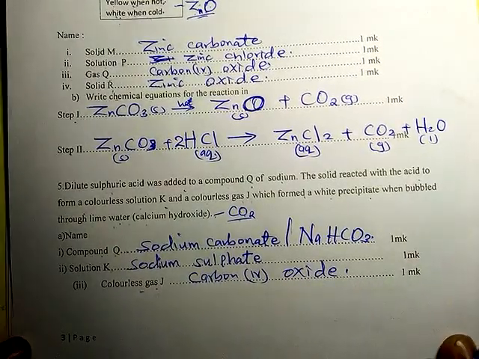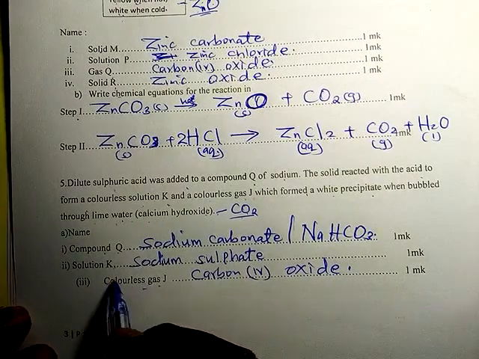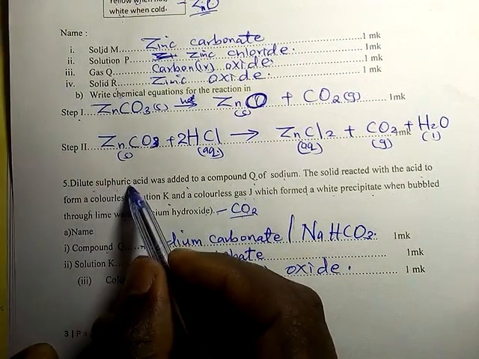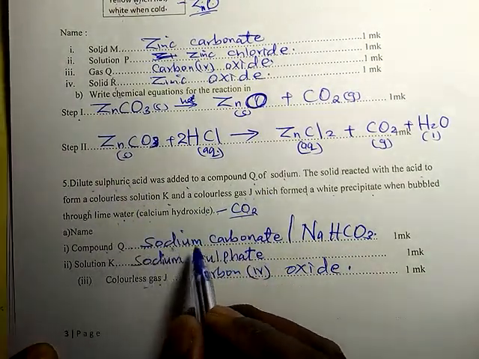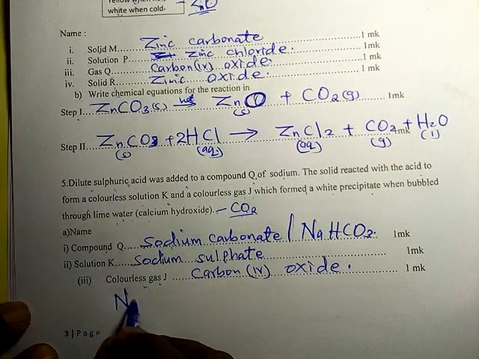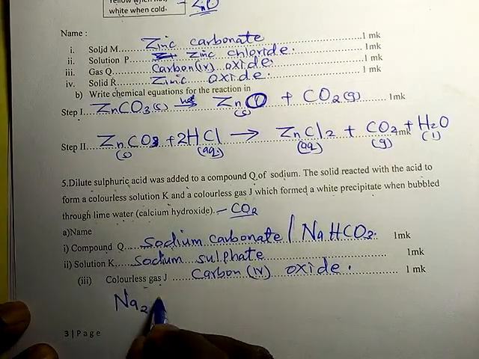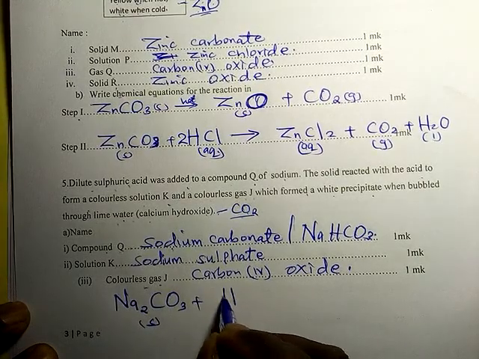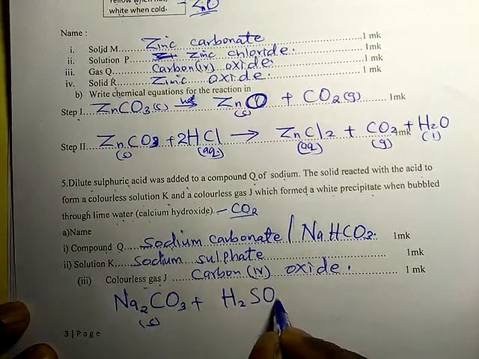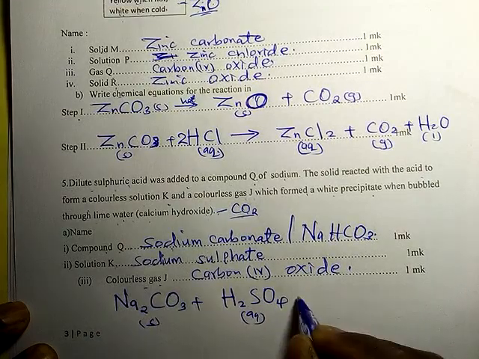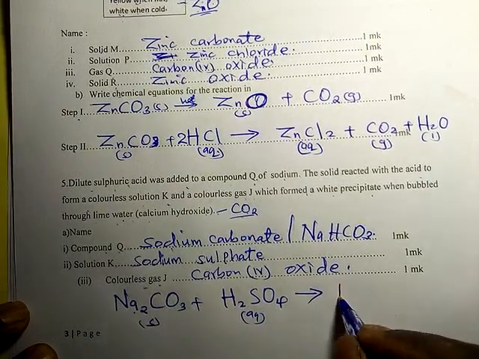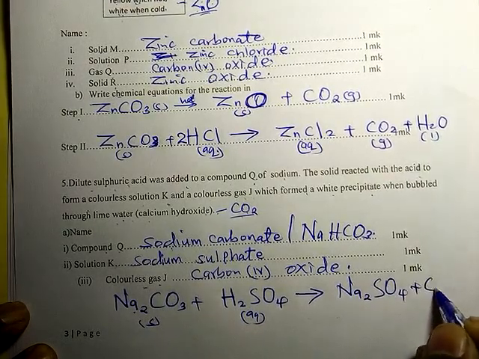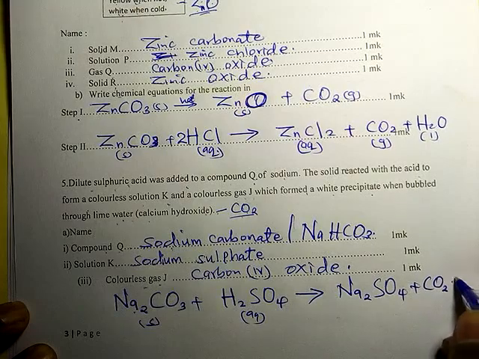Carbon dioxide. The next question will be to write an equation between Q and dilute sulfuric acid. We have said Q is sodium carbonate. So sodium carbonate is Na2CO3, a solid, plus sulfuric acid, aqueous, will give you sodium sulfate plus carbon dioxide and then plus water.